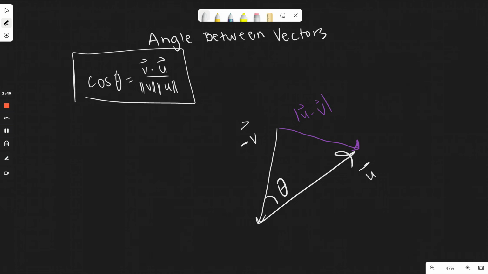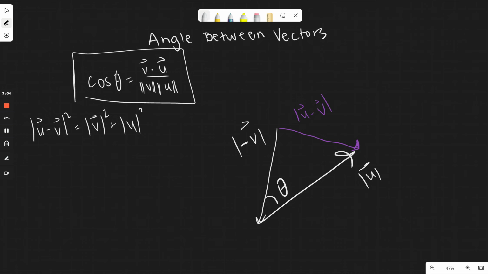So you have that the magnitude of u minus v, squared, is equal to the magnitude of v squared plus the magnitude of u squared, because the lengths of these sides are just the magnitudes of these vectors, minus 2 times the magnitude of v times the magnitude of u times cosine theta. So this is the formula when we put it in the law of cosines.